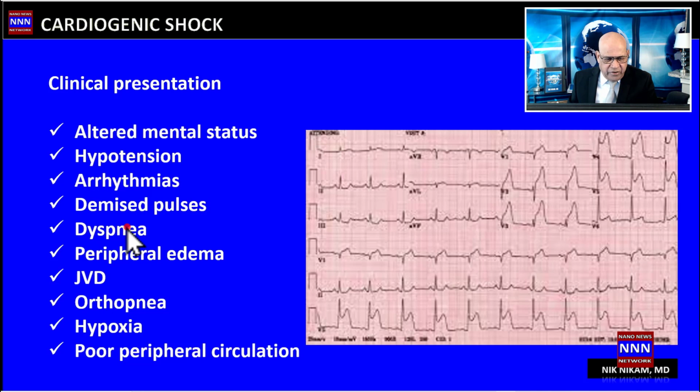Anyway, dyspnea, which I already talked about. Peripheral edema may not be a feature in patients with just pure left heart failure, but if they had a history of heart failure before, we can see peripheral edema, jugular venous distension.